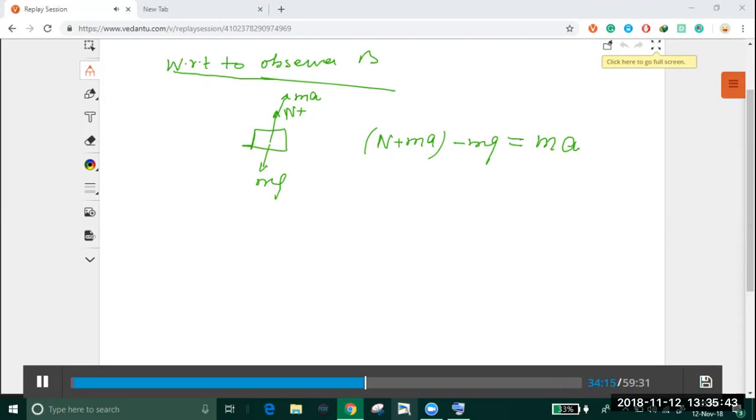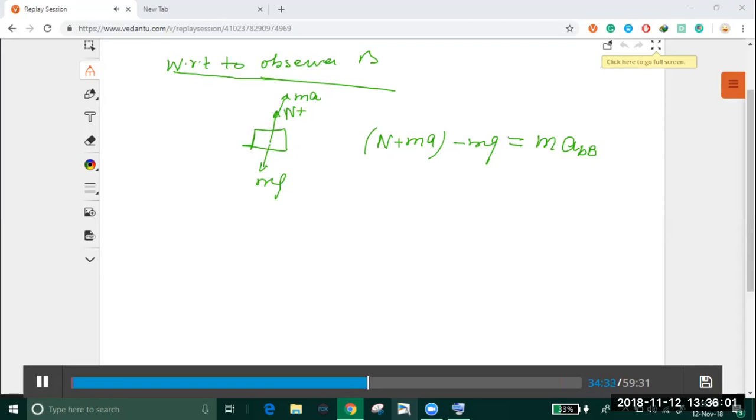Because this is the acceleration of the block with respect to the observer B, that acceleration is actually zero because with respect to him it appears at rest.